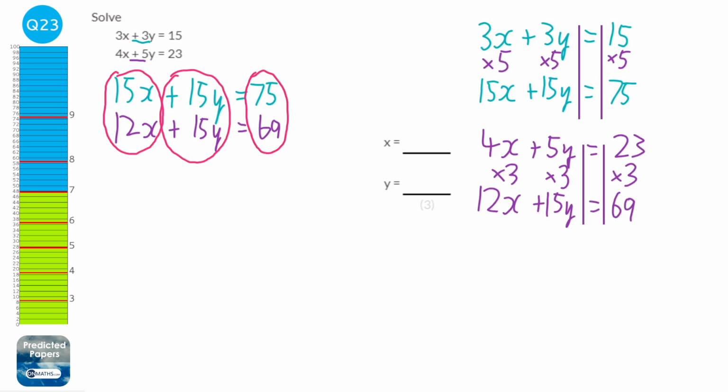And to find out which, we look at the signs before the coefficients we made the same, so before the 15y's. And if they are both the same, then we are going to subtract. If they are both different, we are going to add. So the S in same is the S in subtract, the D in different is the D in add. Well, you can see here that they are both the same, they're both pluses, so we're going to subtract.